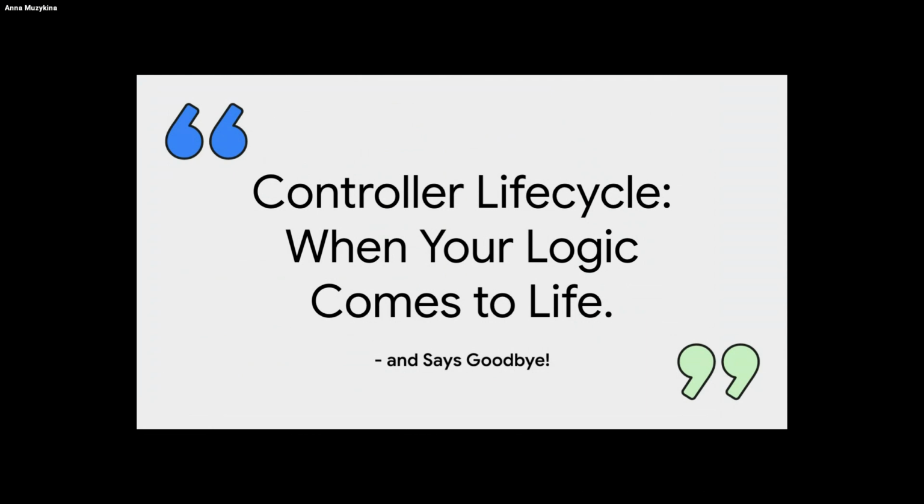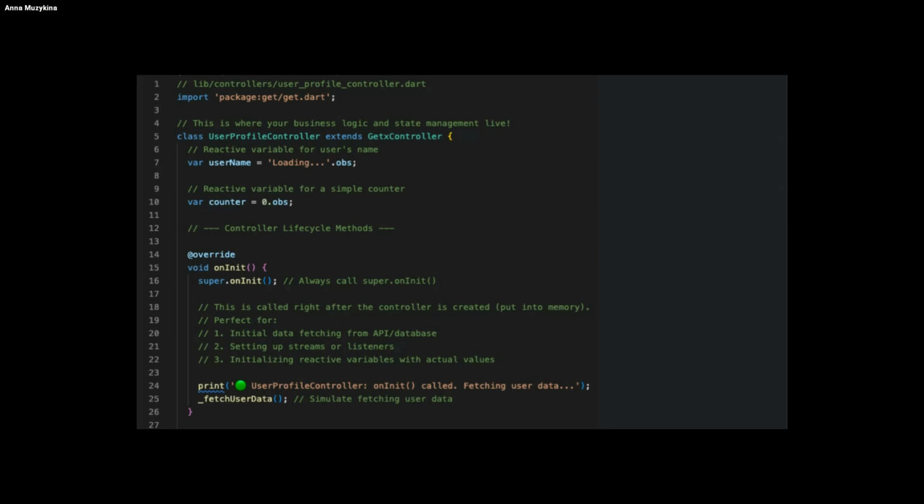Let's look at the three main stages using a user profile example, which you can find, of course, in the GitHub repository shared with you. So, here, for example, onInit: the controller wakes up. This happens as soon as GetX decides, okay, I need this controller now, even before its screen appears on your phone.